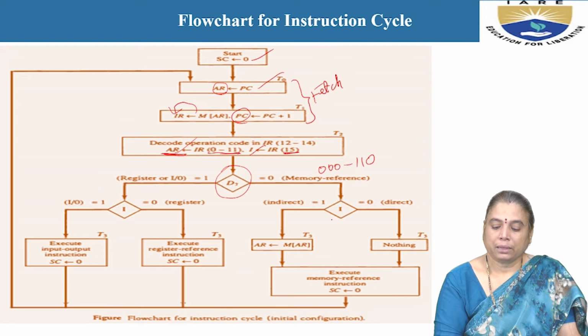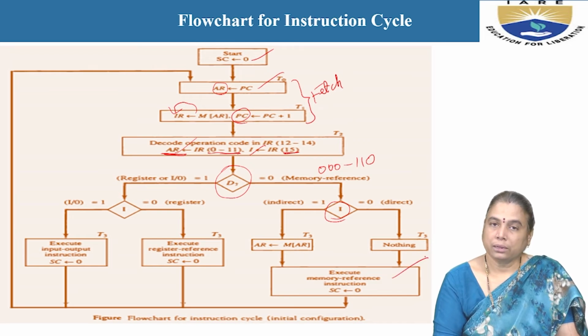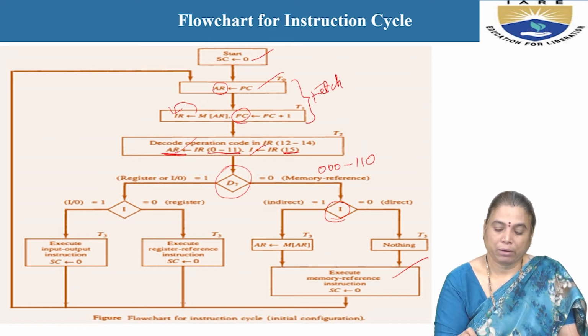Depending upon the I value, whether it is a direct address instruction or indirect address instruction can be decided. If the I value is 0, it is a direct address instruction, so the operand is directly available; execute the instruction. If the I value is equal to 1, the effective address is mentioned in the instruction format.